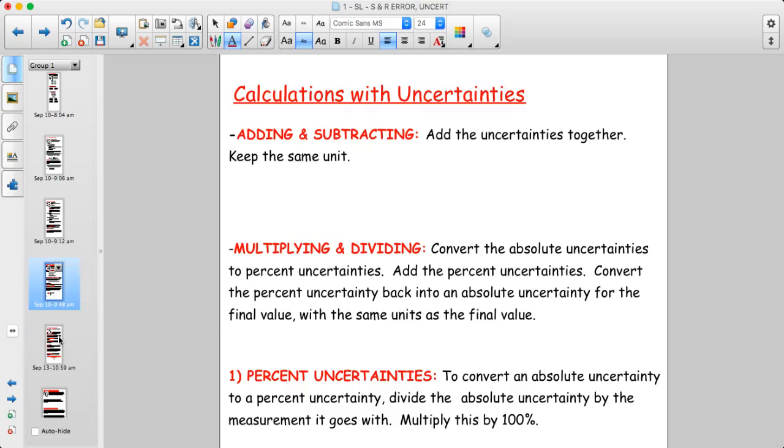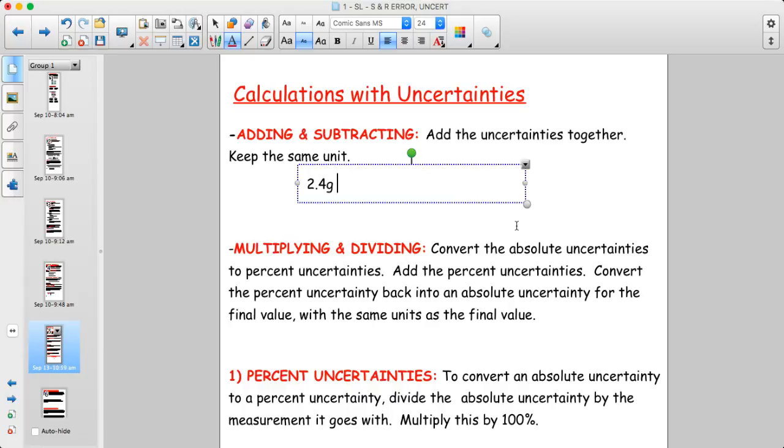All right, last thing, calculating with uncertainties. When you add or subtract numbers with uncertainty, you need to add the uncertainties together. So if I have 2.4 grams plus or minus 0.1 grams plus 2.4 grams plus or minus 0.1 grams, it equals 4.8 grams plus or minus 0.2 grams, okay?